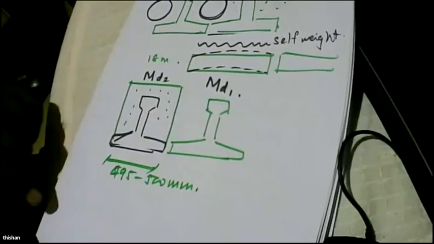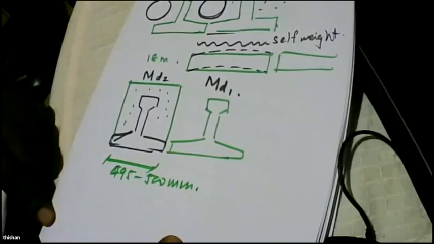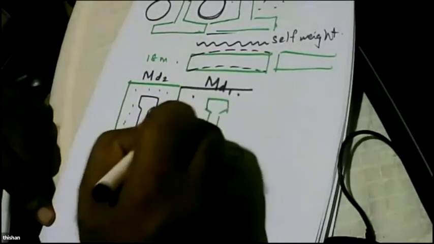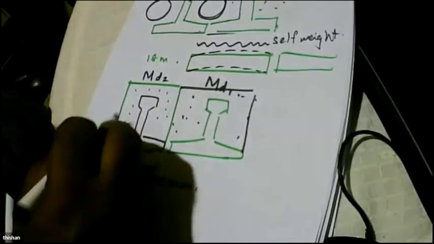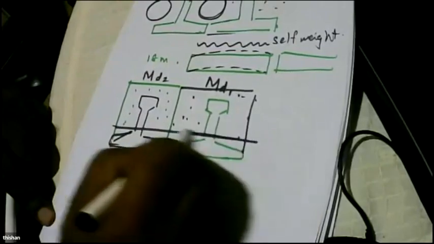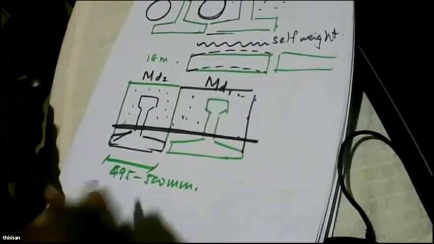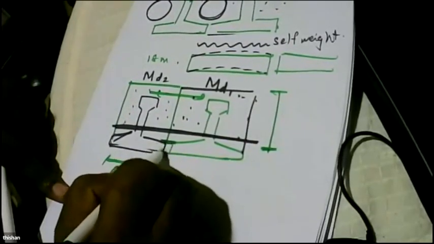Still no composite action. It's just a pre-stressed concrete beam carrying the construction loads. So we get this. Now the concrete starts to harden. So all this concrete will become one concrete, and there's a tie bar as well. So if you consider the slab this way, the depth will be this, because here you can see there's a discontinuity.